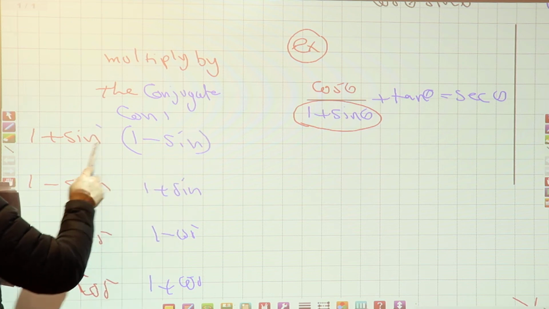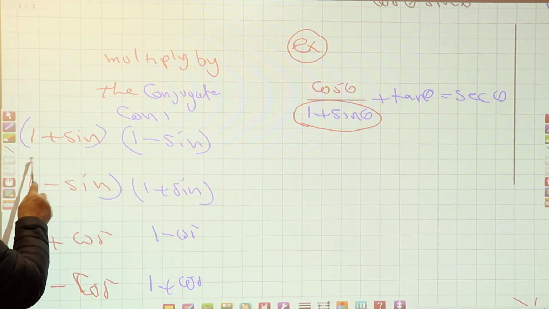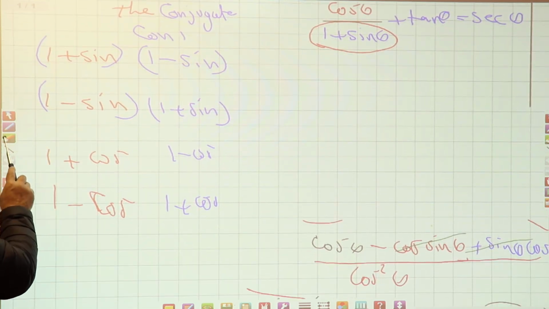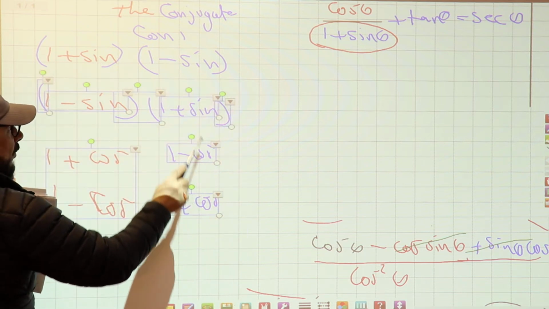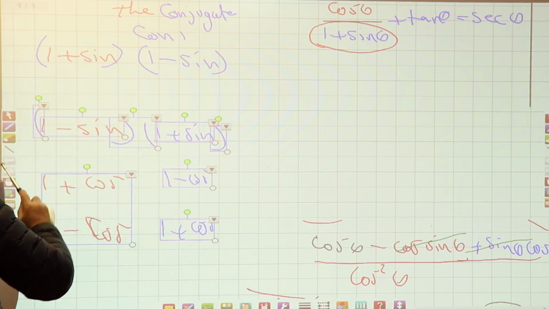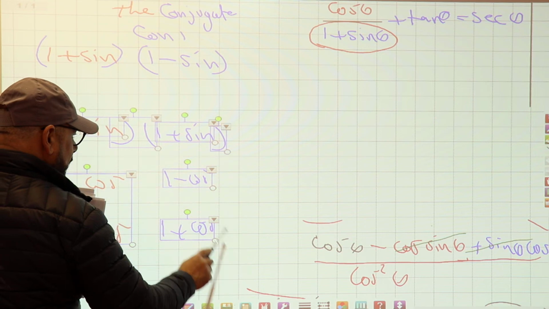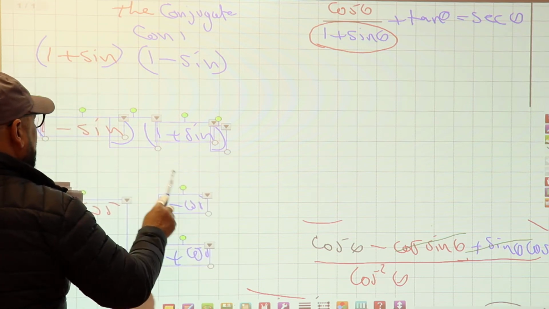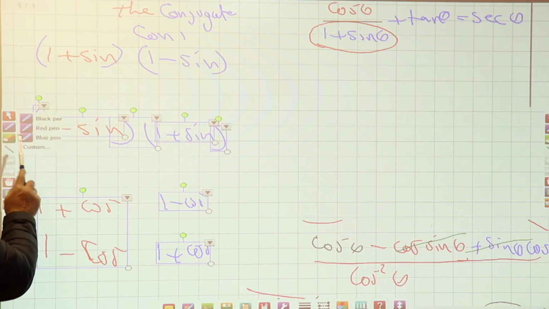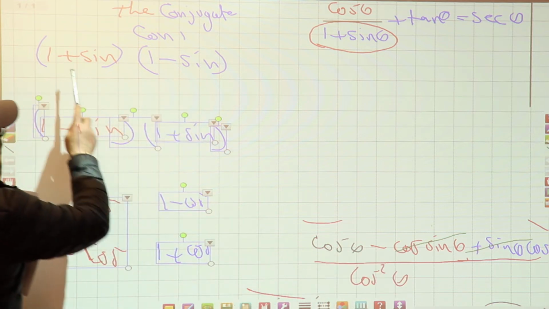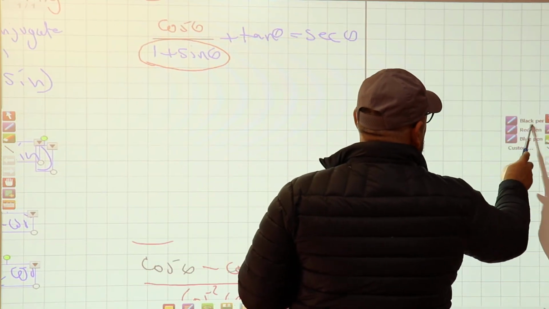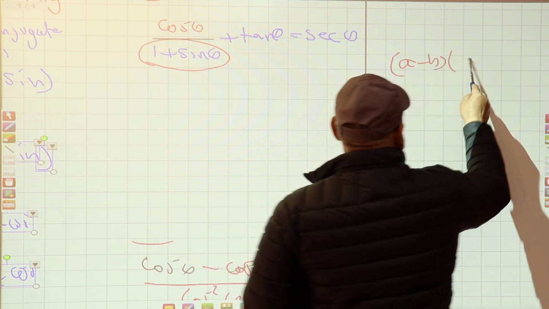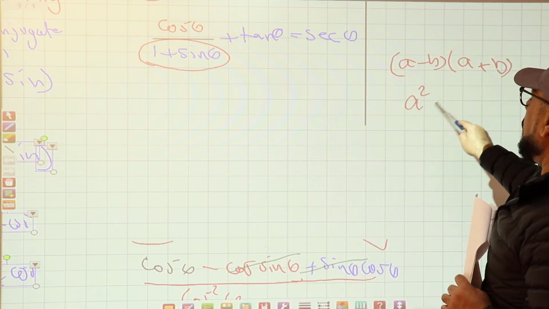If you multiply this by this, look, what's funny here? When you multiply A plus B and A minus B, A minus B and A plus B, it's A square minus B square.